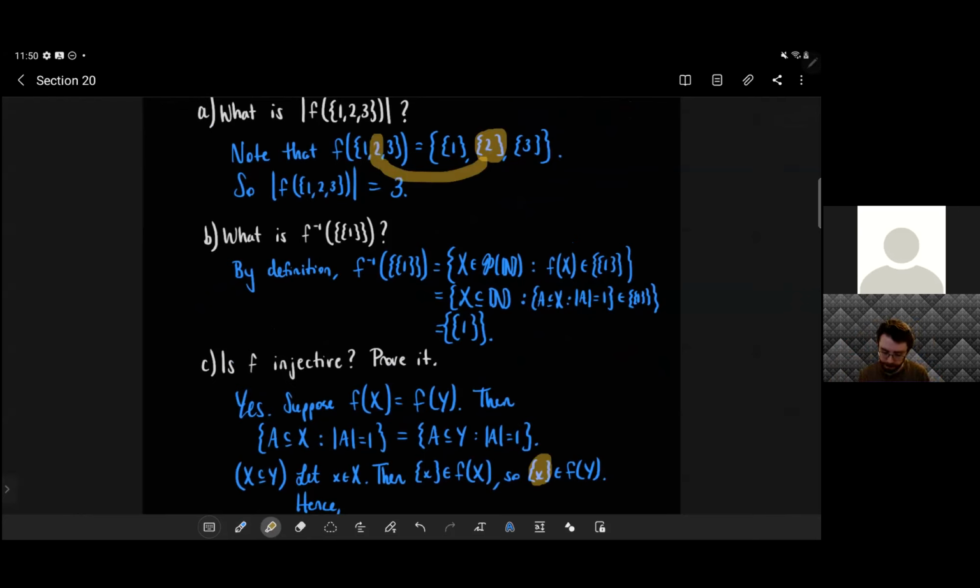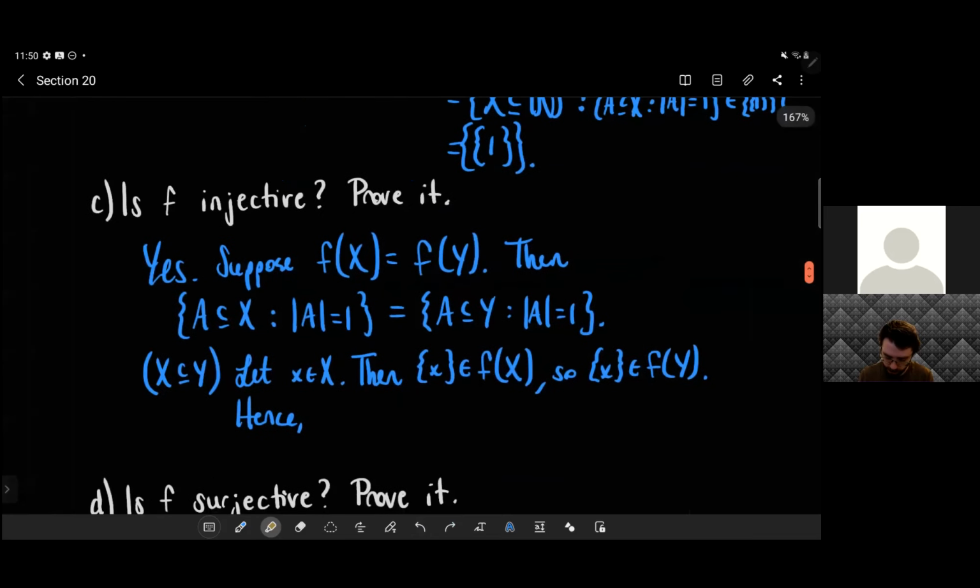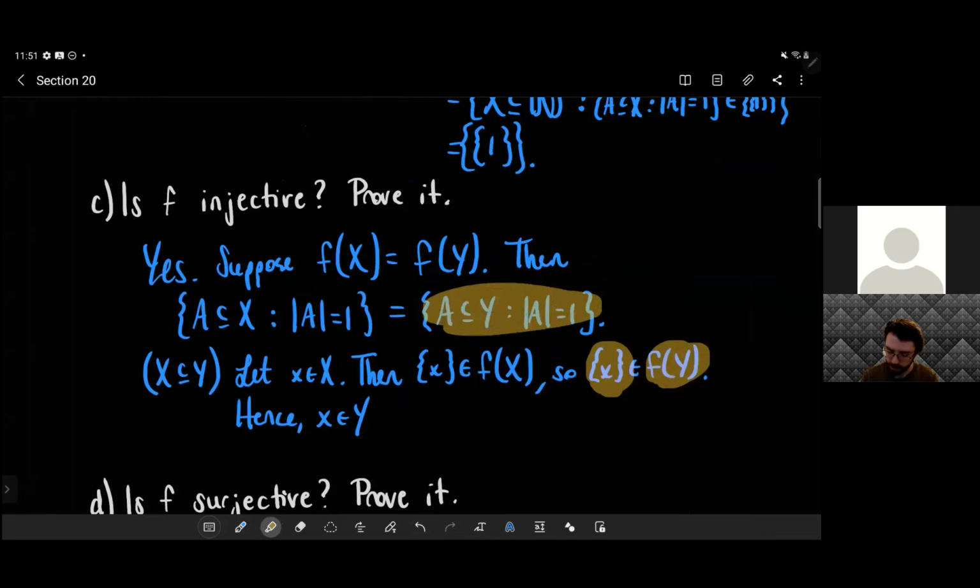So if we're given some singleton set of x in the image of y, that straight up implies x is in y, because it has cardinality 1 and it's an element of this set.